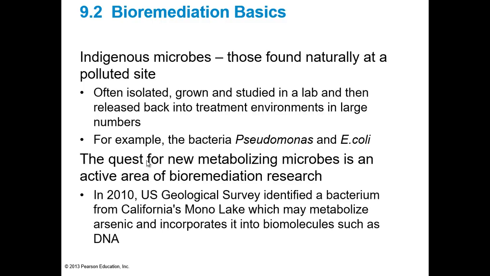And when you get new contaminants like arsenic, then you will find organisms that have adapted to metabolize this. There's a bacterium in Mono Lake that metabolizes arsenic and incorporates it in its DNA. So it basically isolates the arsenic and puts it directly in the biomass of the bacteria.